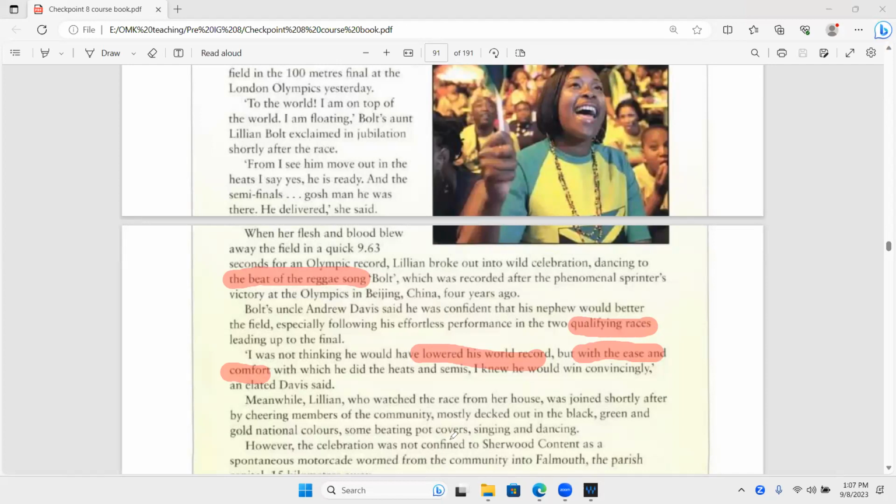Lillian, who watched the race from her house, was joined shortly after by children and members of the community, mostly decked out in the black, green, and gold national colors, some beating drums, singing and dancing. This is another one, Lillian, right? Her claims. You could learn that. Okay, go on. This time, Kevin, read.